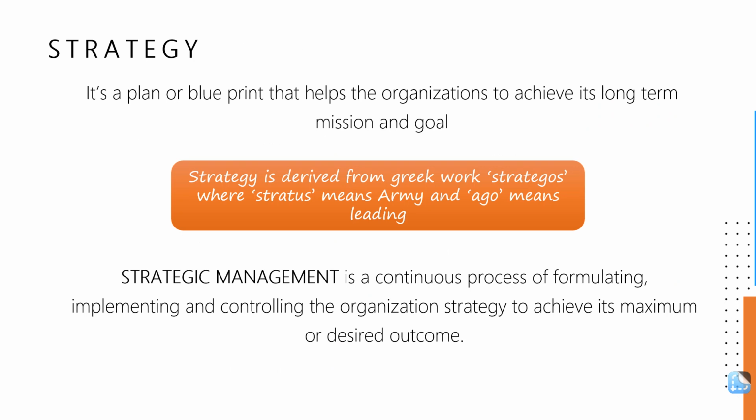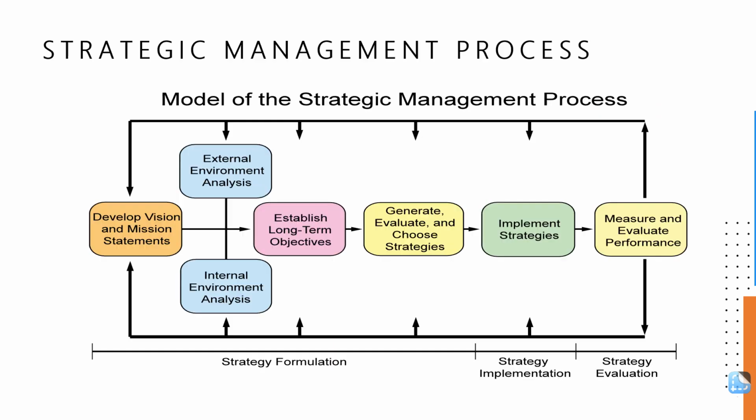Whether the strategy is achieving the desired outcome or not is managed by strategic management. So it is a continuous process of formulating, implementing and controlling the organization strategy to achieve its maximum or desired outcome.